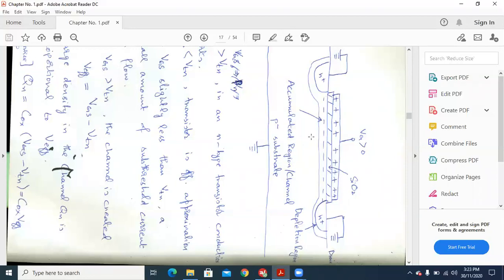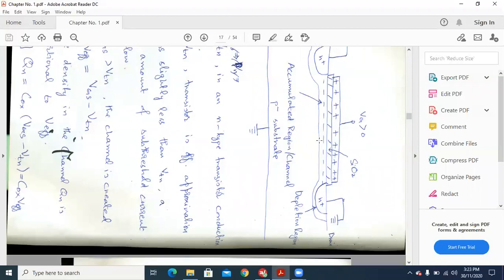The point where these two concentrations are equal is called the threshold voltage. And when the VG voltage is increased further than this threshold voltage, this will cause the conduction of current from drain to source.